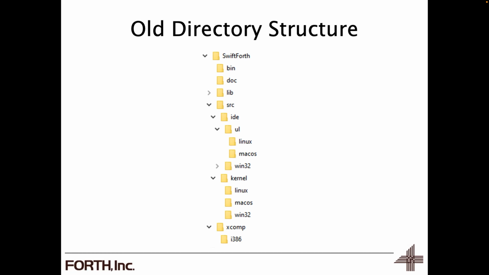The problem was that interspersed throughout this whole directory structure was assembler code in i386. So my first mission was to figure out where I'm going to put all this, and then go through and find all of it and extract it. That sounds easy, right? Then I discovered that as hard as we tried back in 2001, when we did the first SwiftForth, to be portable, we kind of didn't really get the use of cell and cells for the cell size to be portable.